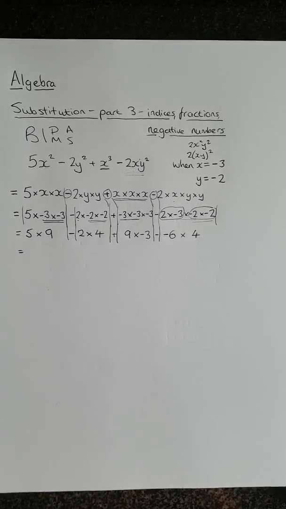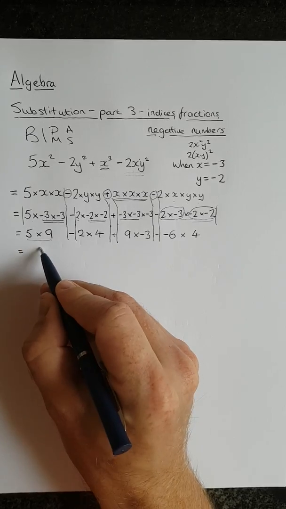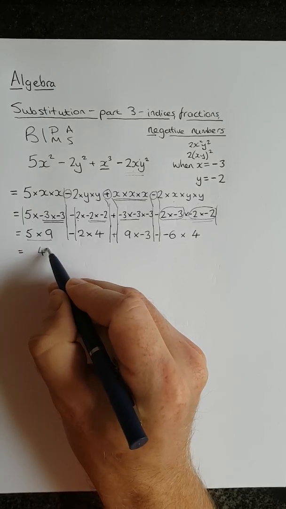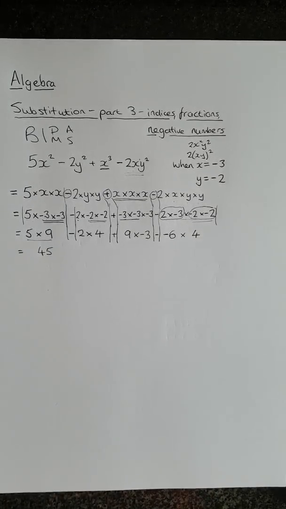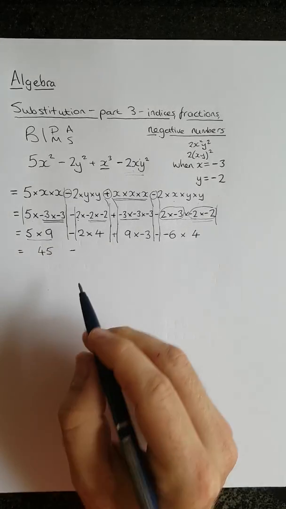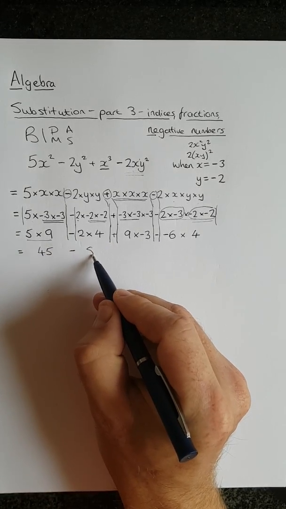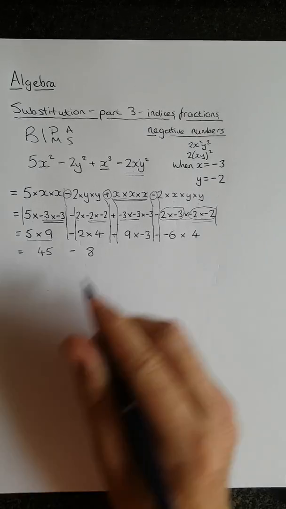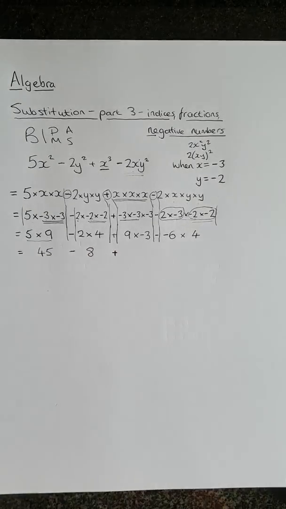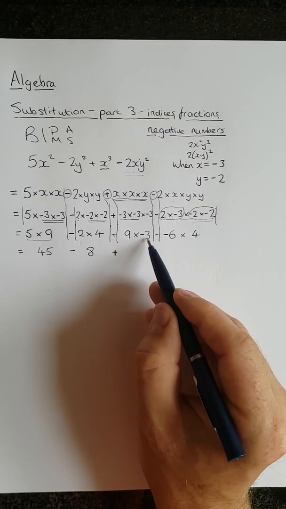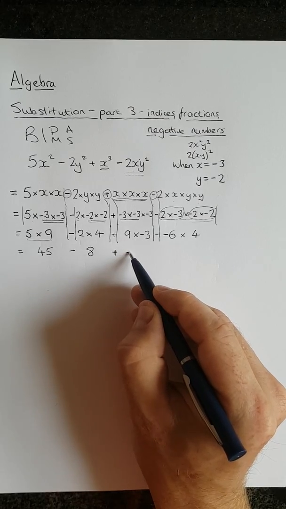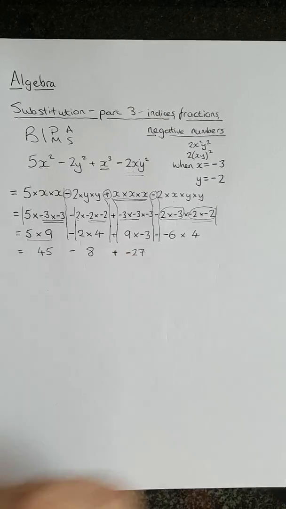So, let's get to work. 5 times 9 is 45. Subtract 8. Add -27.